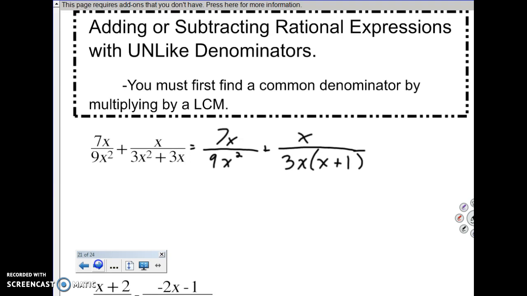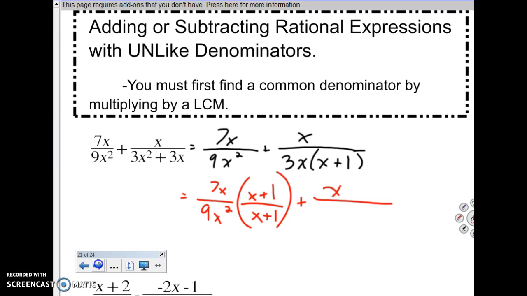So what's going to have to happen is I'm going to have to multiply this first fraction by x plus 1 over x plus 1. Because I'm trying to get them to have the same denominator so I can add them together. The second fraction is missing another 3 and another x. So what I'm going to multiply on this one is 3x over 3x.